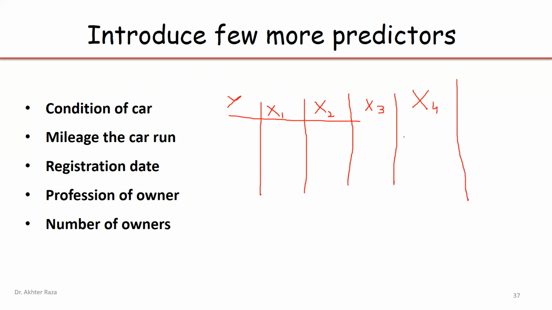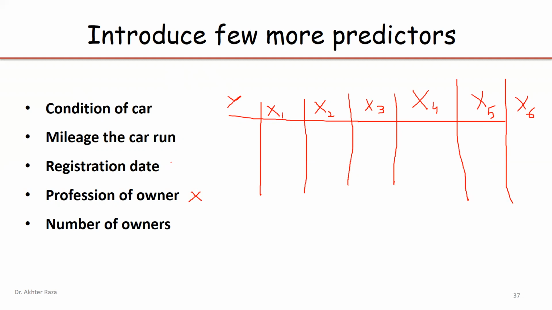and what the owner is doing. The profession of the owner is the variable x5, and the number of owners of the car is x6. Some of the variables are quantitative, but some are qualitative, like the profession of the owner. We have to ignore this variable because it is a nominal variable.